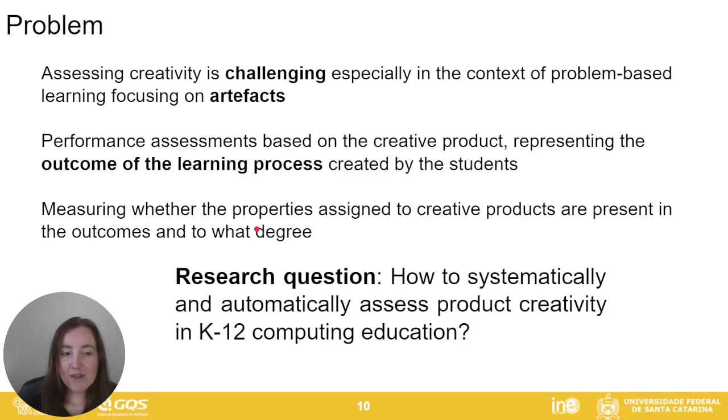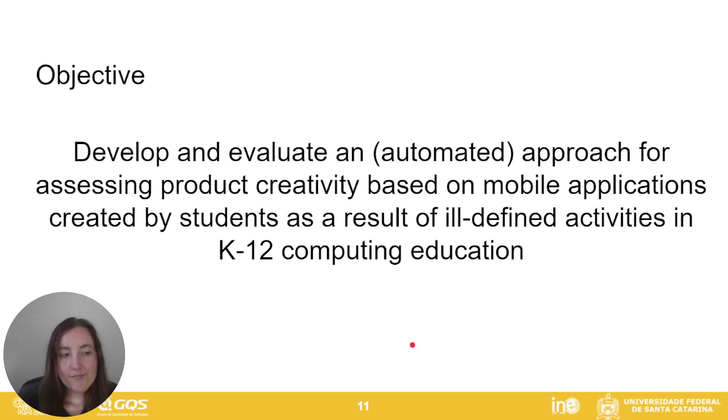Thus, the research question guiding this research is how to systematically and automatically assess product creativity in K-12 computing education. The main objective of this research is to develop and evaluate an automated approach for assessing product creativity based on mobile applications created by students as a result of ill-defined activities in the K-12 computing education context.